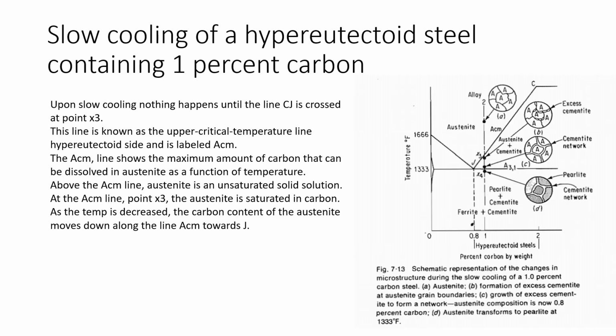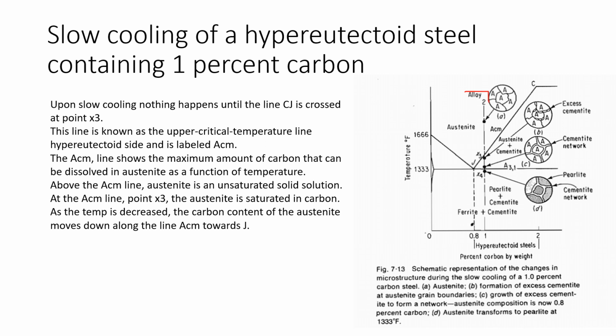Slow cooling of a hypereutectoid steel containing 1% carbon. This is another example of slow cooling. Previously we discussed the slow cooling of hypoeutectoid steel.